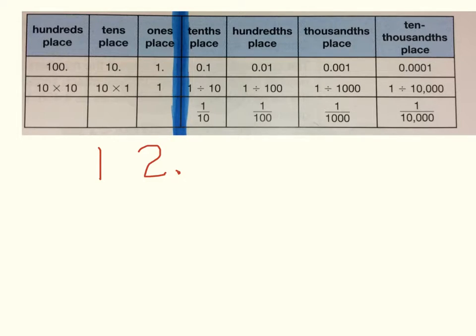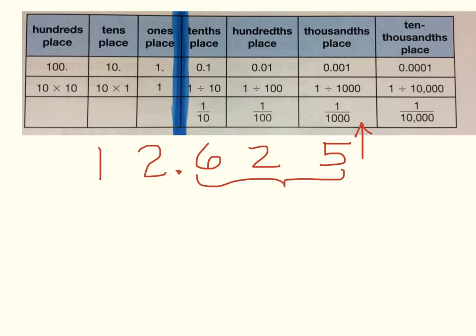Well, hopefully you had the 12 and 625 thousandths. Now, when you are saying these numbers right here, you read the number, but then you have to figure out what the last place value is, and you put the name. 625 thousandths.